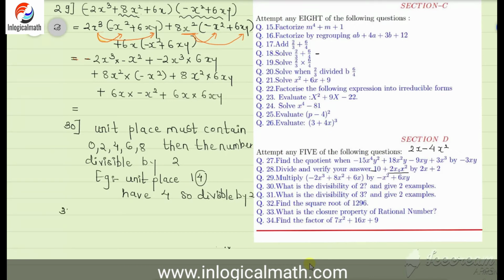Now go for question 31. So 31 is that we have to write the divisibility of 3.